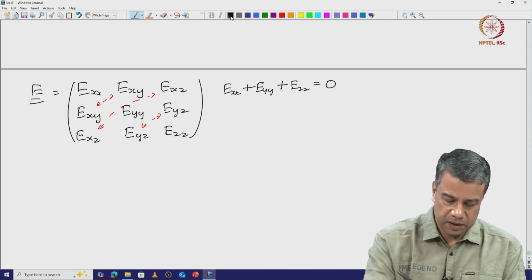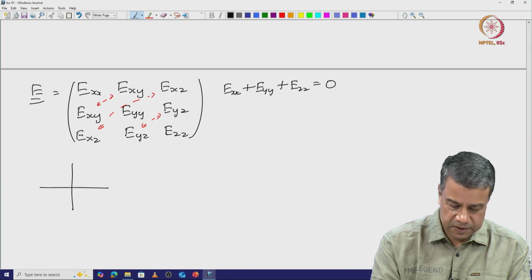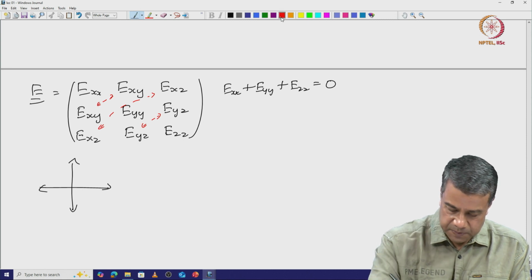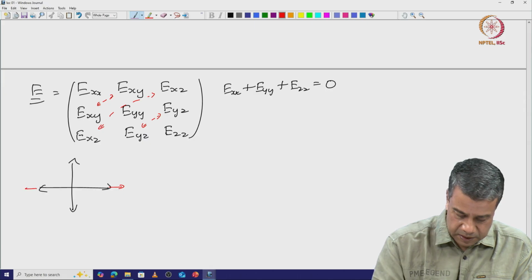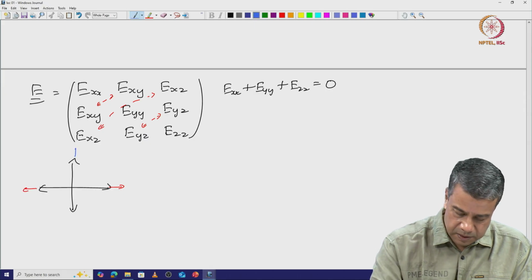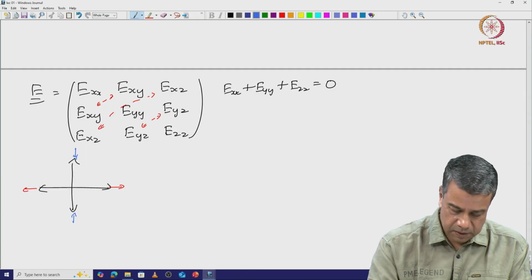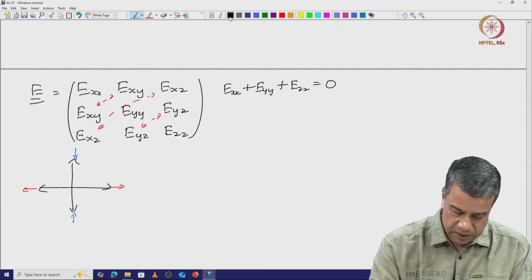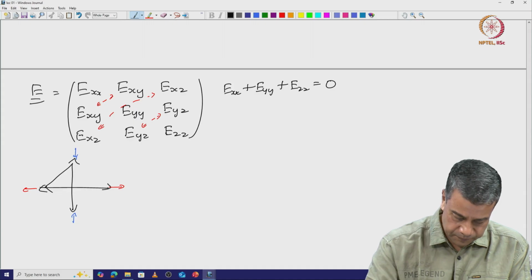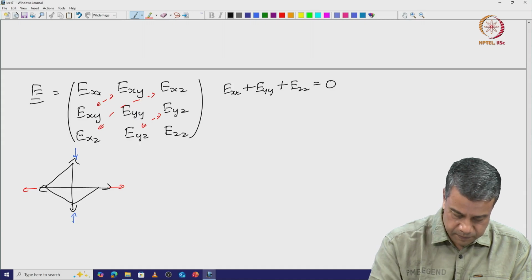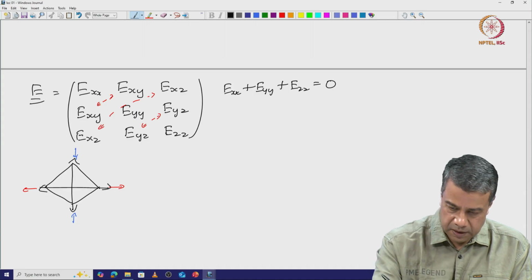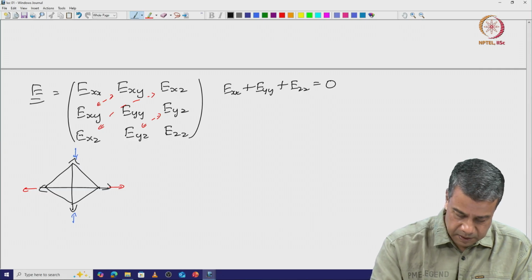And I showed you that in 2 dimensions this represents a velocity field in which there is expansion along one direction and compression along the other direction, such that a volume that was initially looking like this will at later times become something like this.